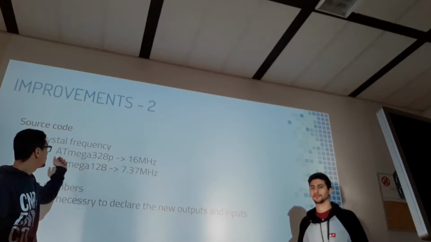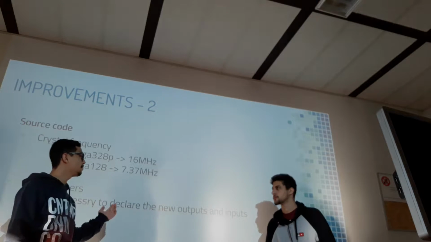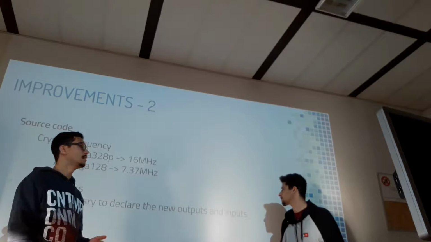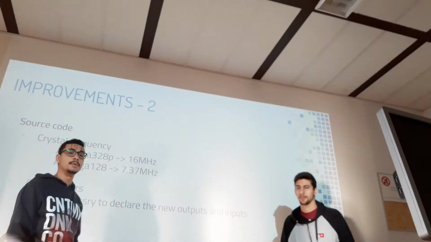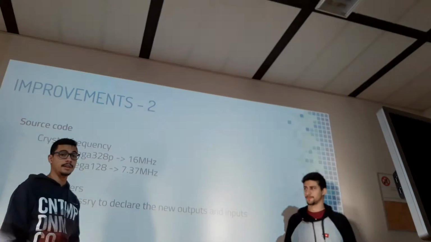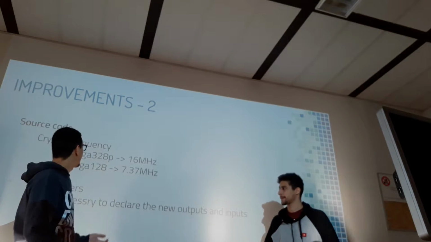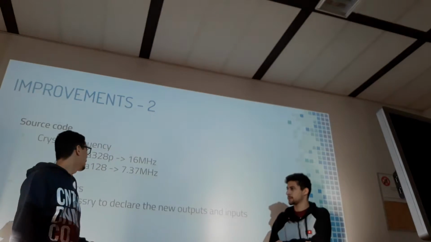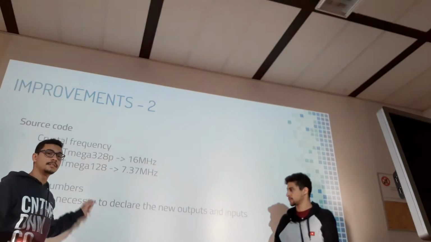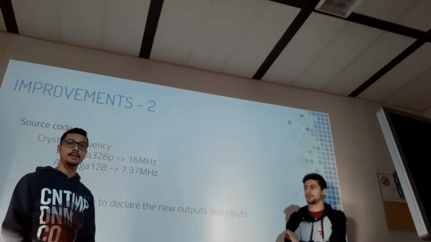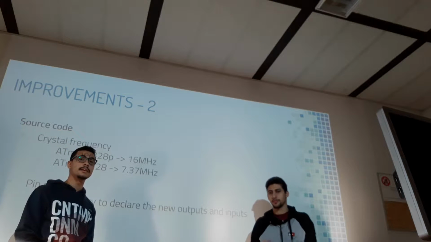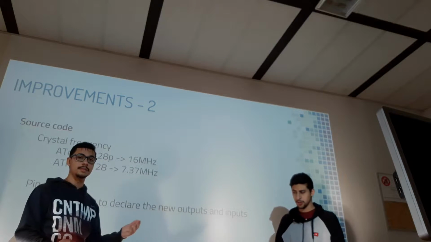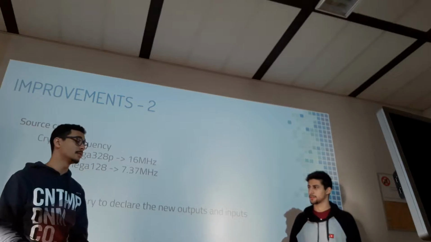The oscillation of the crystal frequency is 7.37 MHz in the case of the ATmega 128 and 16 MHz for the ATmega 328P. And also, it's necessary to change the pin numbers according to the new inputs and outputs, attending to the requirements of the specific microcontroller.